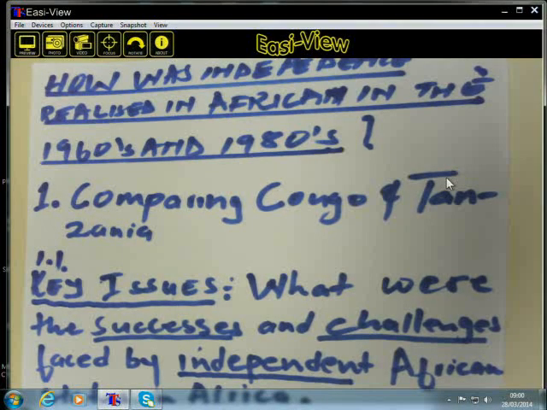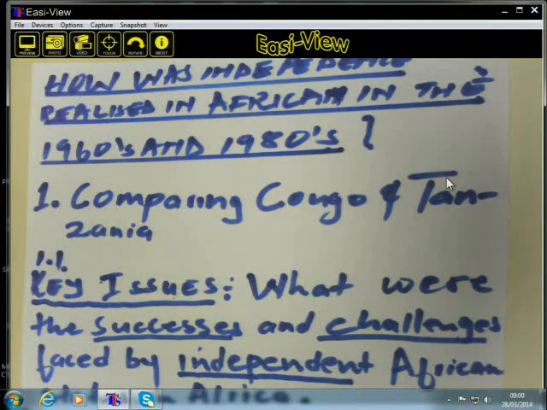That's where we should start. By independence, we mean African countries had to be autonomous. They had to depend on themselves, not on the foreign rulers, as they were colonized by the foreign rulers.